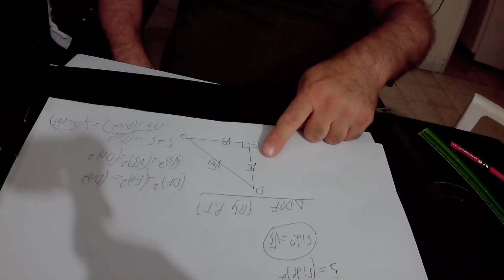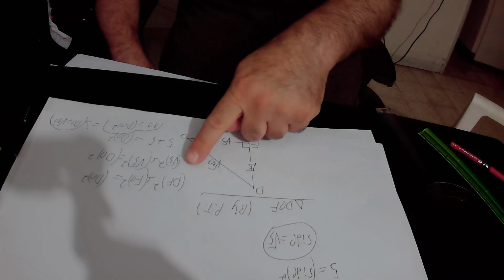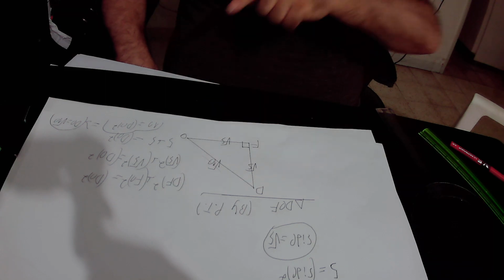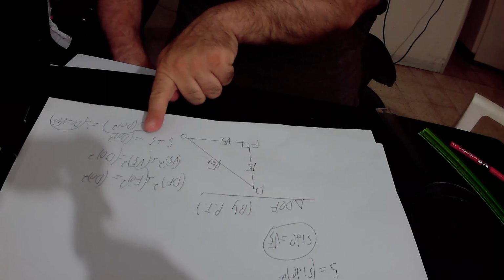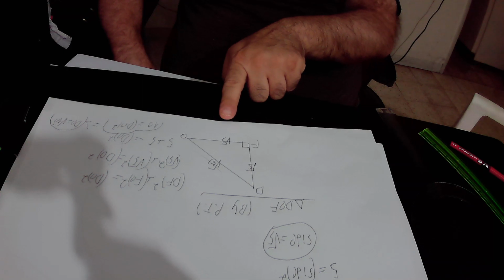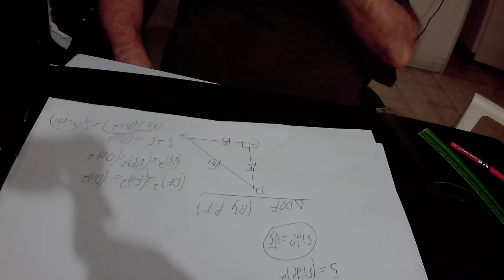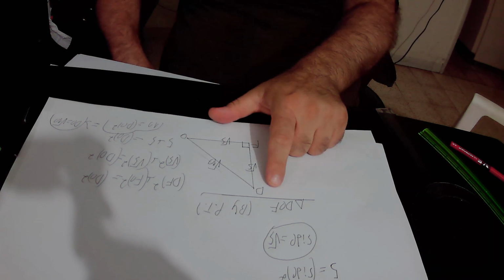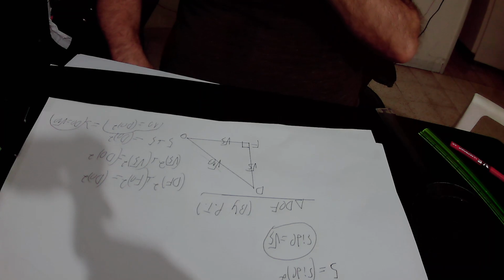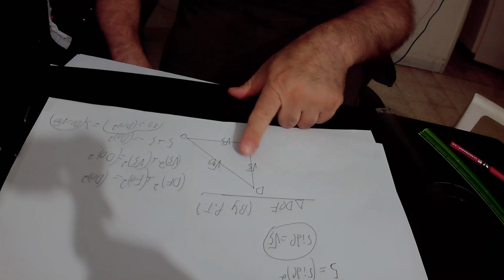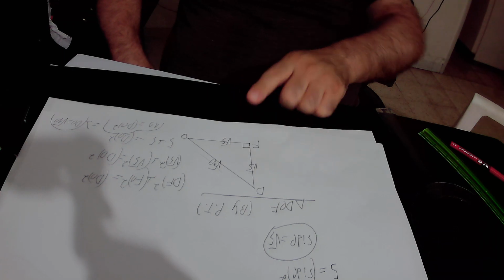DF equals the square root of 5, therefore DF square equals 5, plus FO equals the square root of 5, therefore FO square equals 5, and is equal to the square of the hypotenuse, that is DO square, the missing side of this triangle, the hypotenuse.